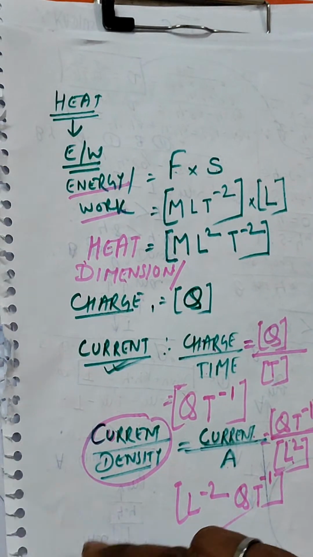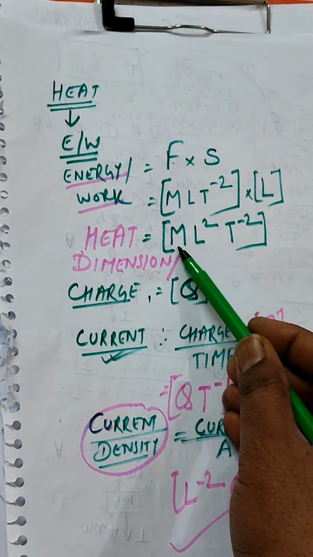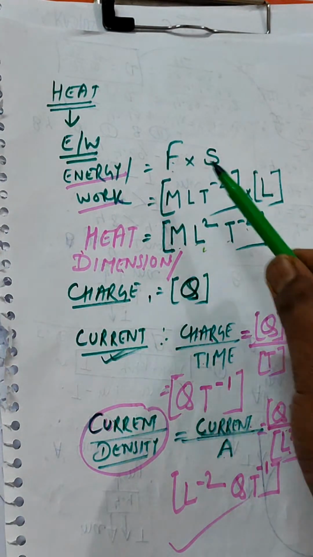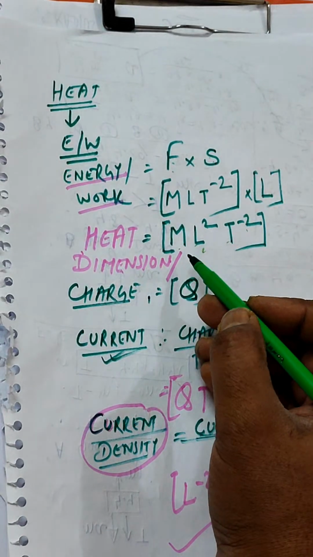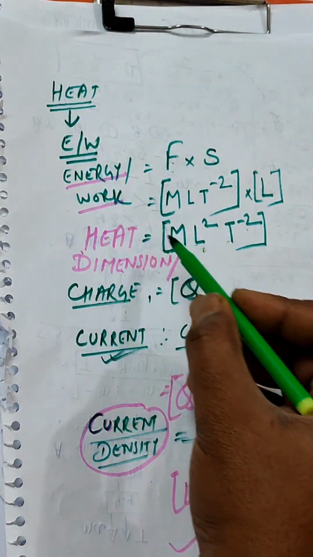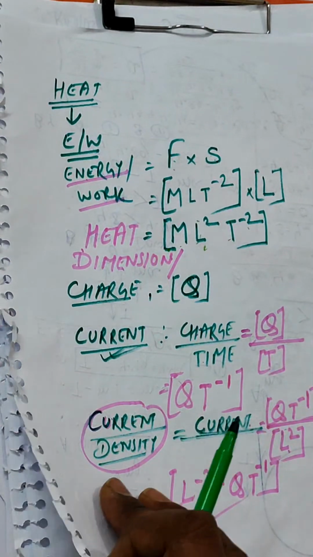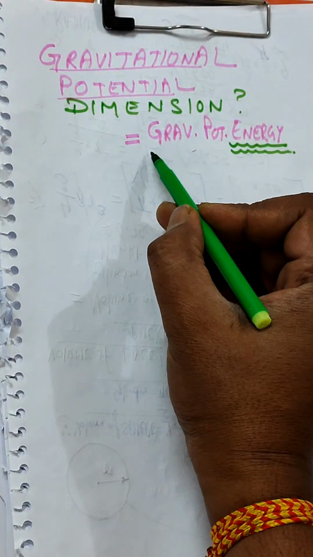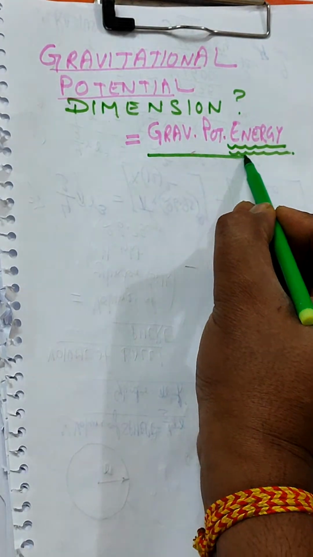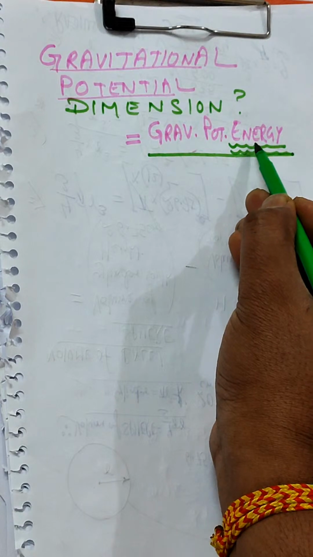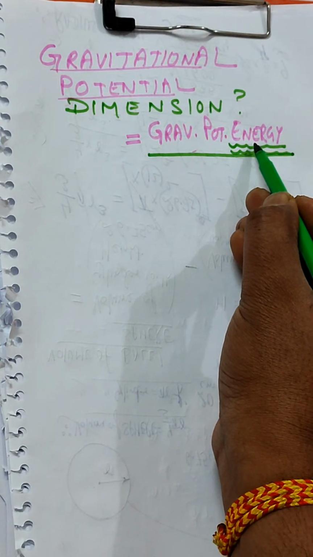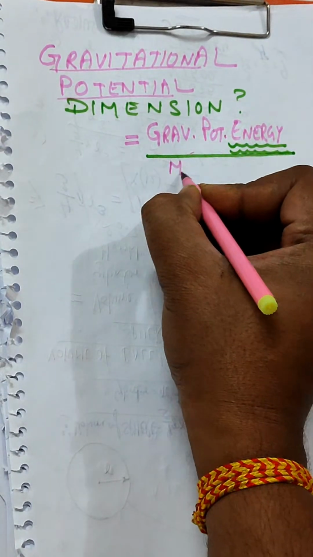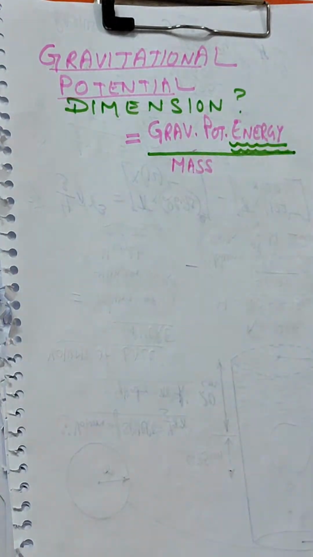The dimension of energy is ML²T⁻², because this is force into displacement. So as per the definition, it is gravitational potential energy, energy, divided by mass.